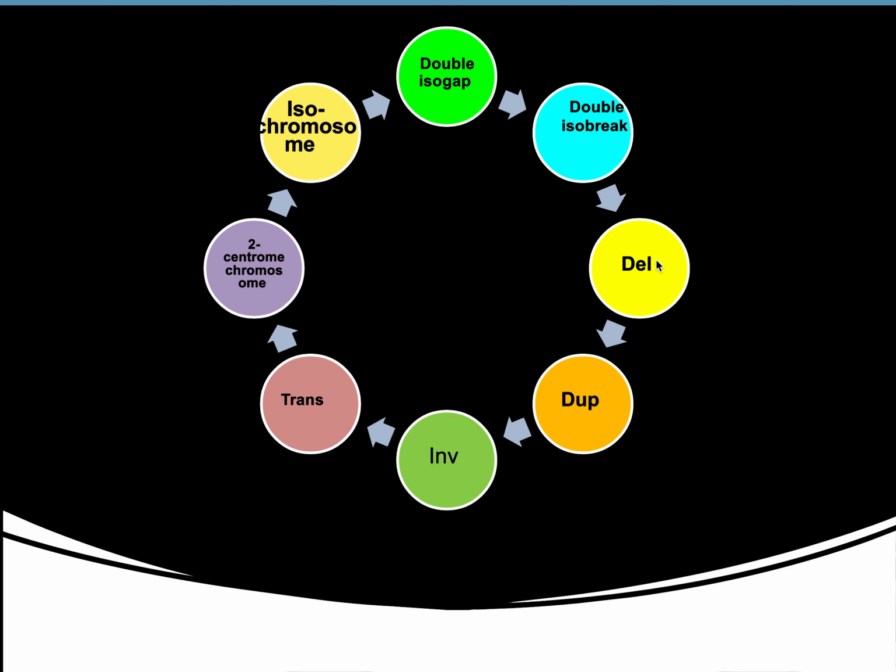And for the other ones, you have learned already that they are deletion, duplication, inversion, and translocation. So I will focus on four types here for you to see through the animation, for you to understand the principle.